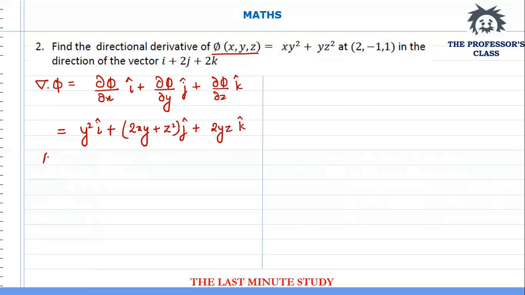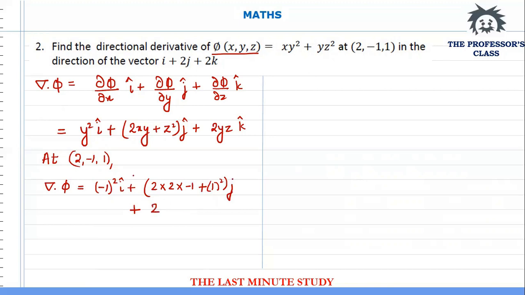Now at the given point, that is at (2, -1, 1), the value of this directional derivative will become (-1) square i plus 2 times (2 into -1 plus 1 square) j plus 2 times (-1 into 1) k.